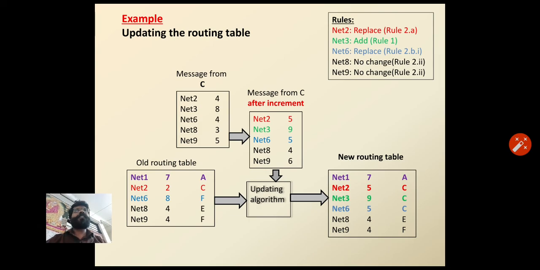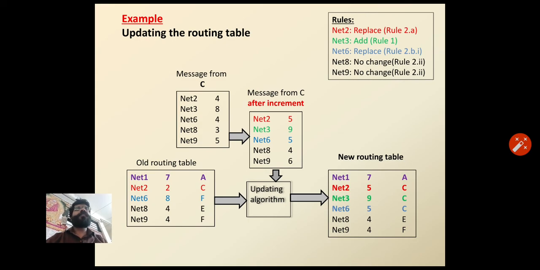Net 6: the old value is 8 and the new value is 5, so we replace it with the new value. Net 6 new value is 5. Next, net 8 4 and net 8 4, there is no change, as it is.